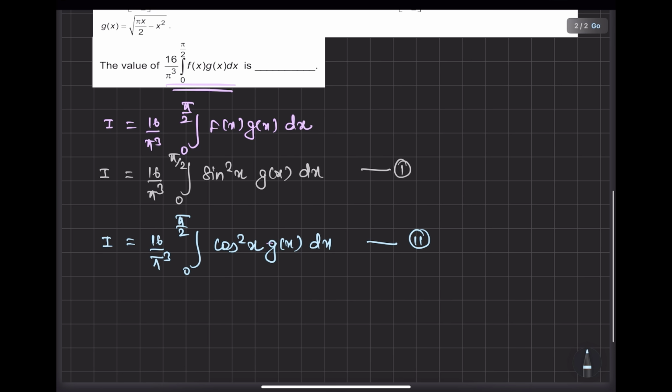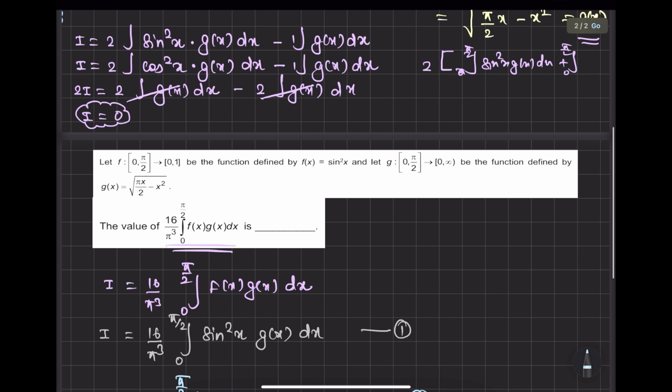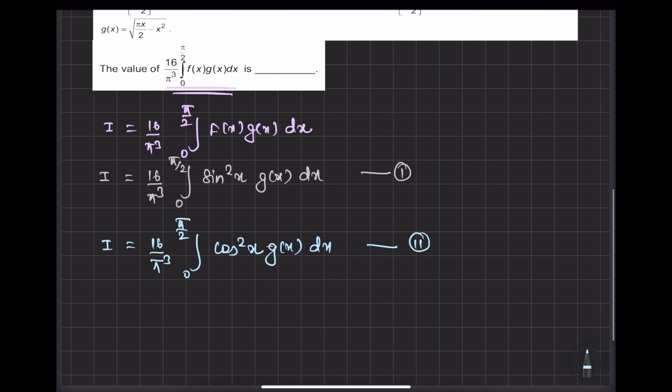Now I will add both of them, and here you will understand what I did and why I haven't written 4 over here. Look here. So I plus I is 2I. I am taking this thing common, 16 by pi cube.